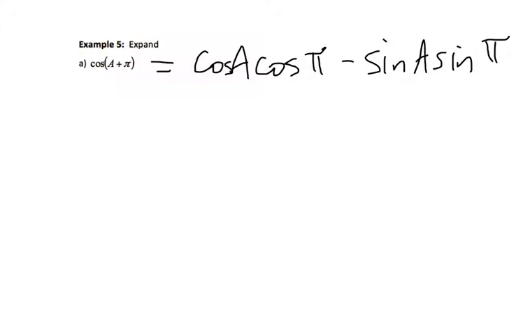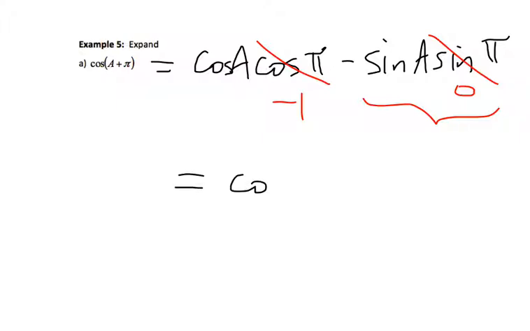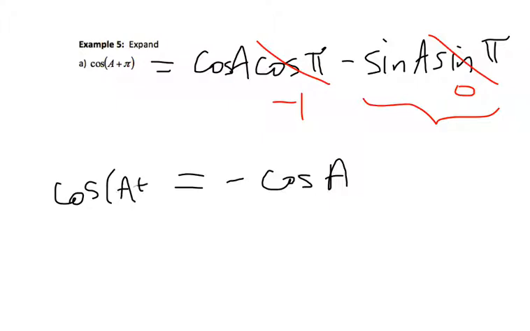Well, sine of pi is 0, so that whole quantity becomes 0. Cos of pi is negative 1, so this turns into, let's put the negative in front, negative cosine of A. So cos A plus pi.